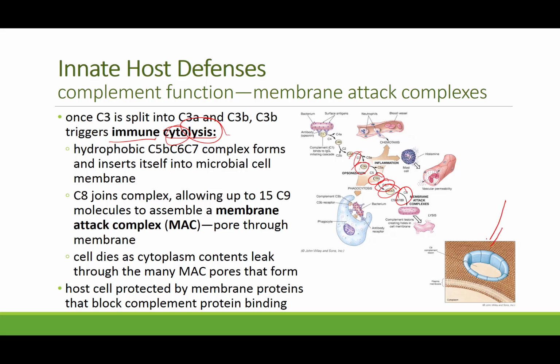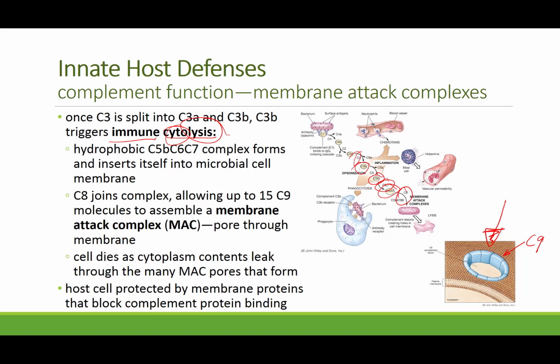So here we see a membrane attack complex where these little blue things are showing C9. So C9 makes this ring that pokes a hole through the membrane of the microbe, whatever it is. It could be a virus, it could be a bacterium.